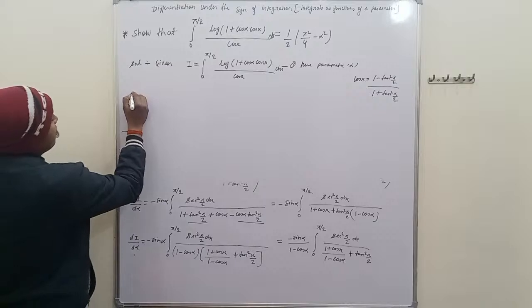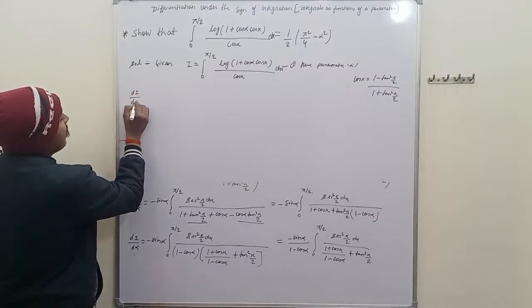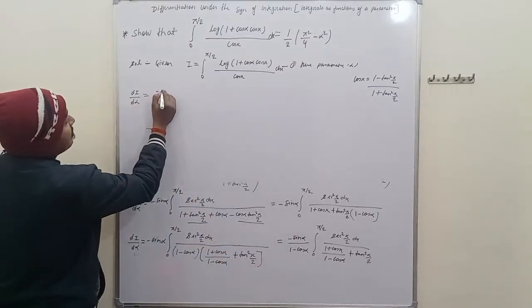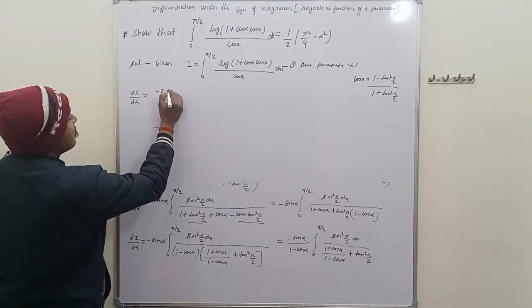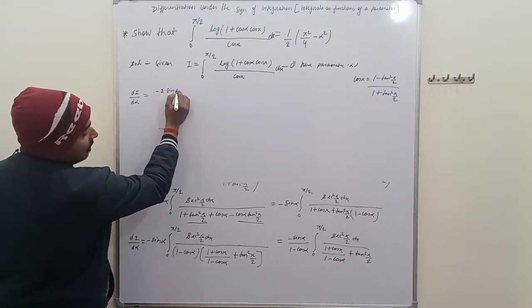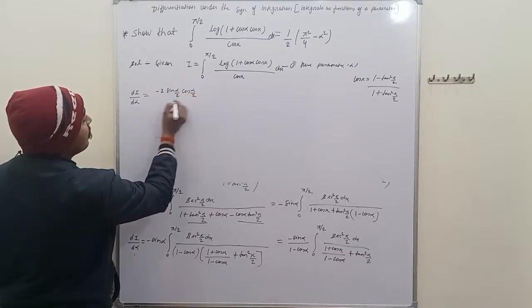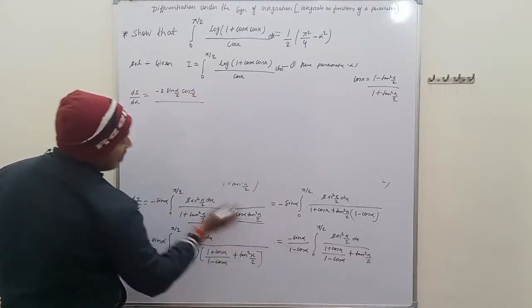That is dI upon d alpha, and minus of sin alpha is written as minus, which is already present, that is 2 sin alpha by 2 into cos alpha by 2 upon 1 minus cos alpha.